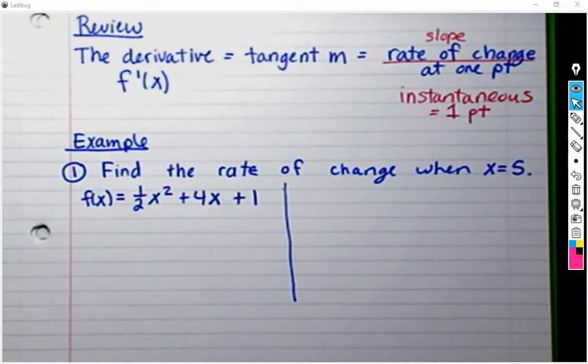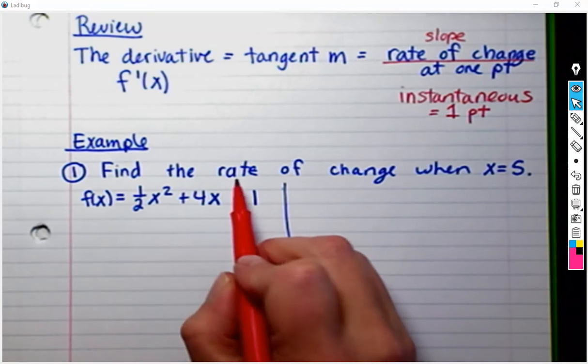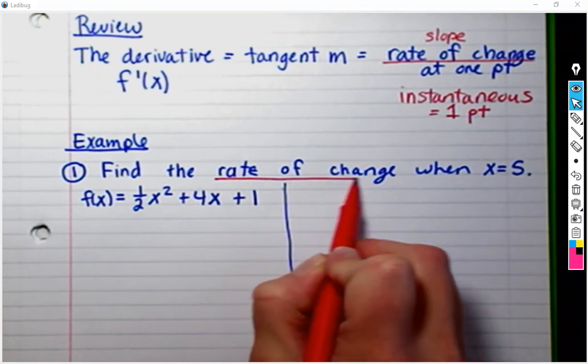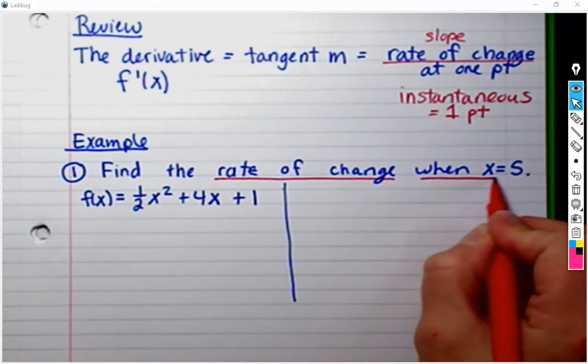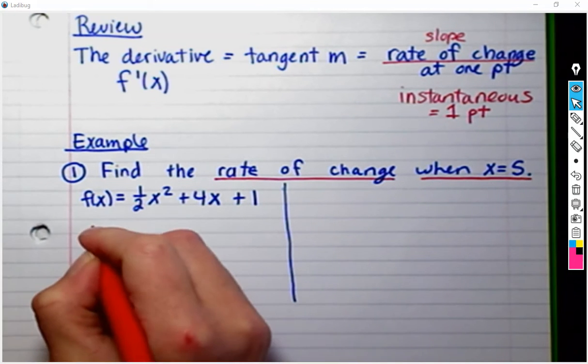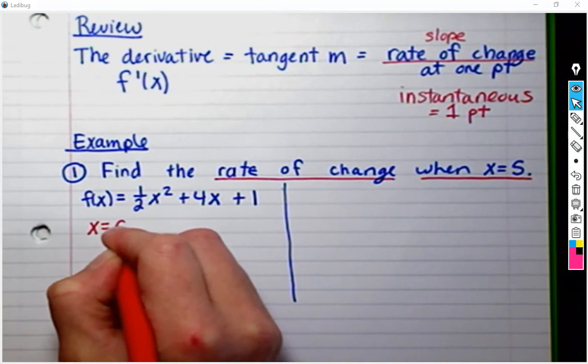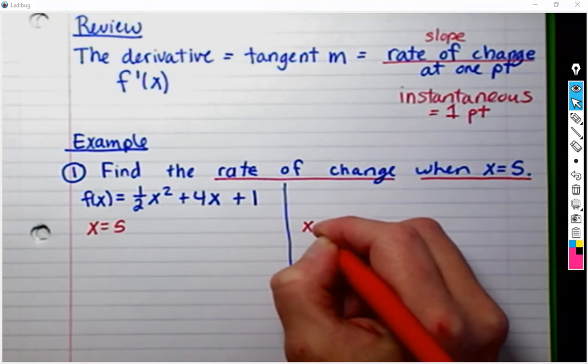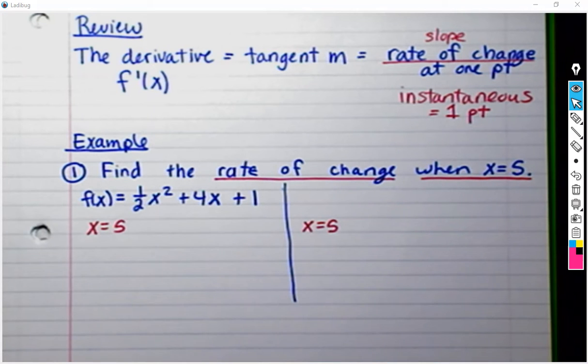Okay, so find rate of change when x equals 5. Well, I'm going to go ahead and write x equals 5 on both sides of the column because the x number isn't going to change. It's 5 everywhere. X is 5.